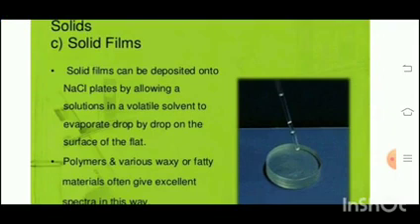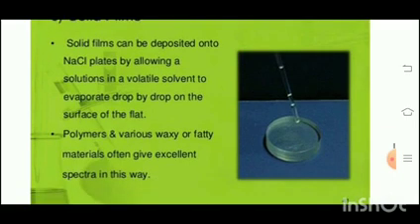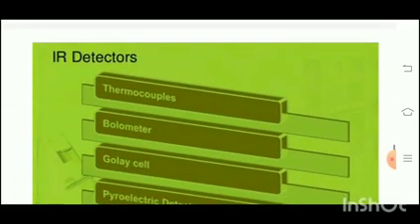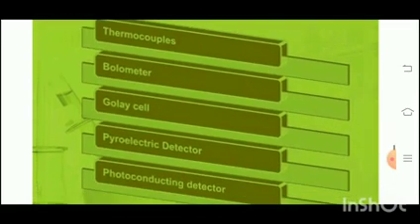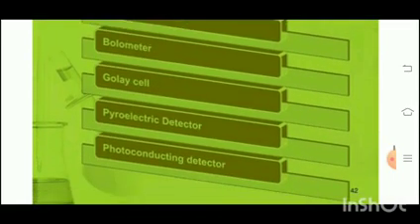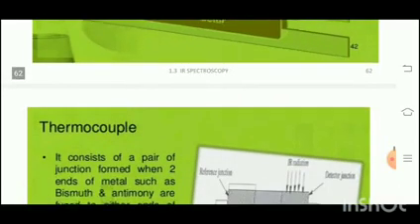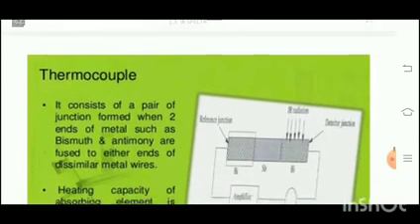There is another technique called solid films, where the sample is dissolved in a suitable solvent and solid films are formed. After drying, the solid films can be studied. And the detectors: there are several detectors used for the IR spectrometer, namely thermocouples, bolometer, Golay cell, pyroelectric detector, and photoconducting detector. These are all the detectors used in the IR spectrometer.